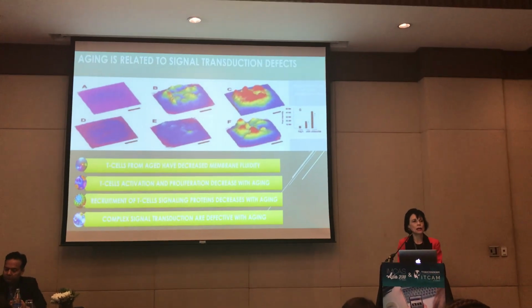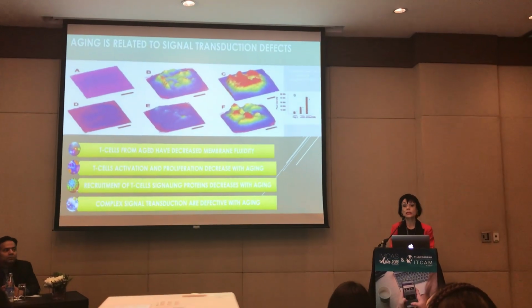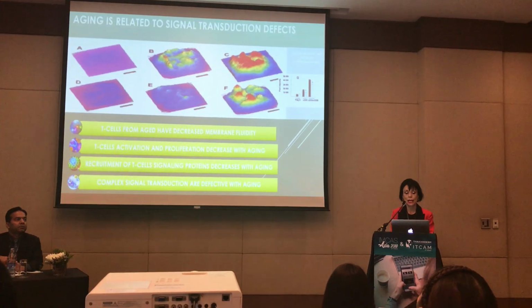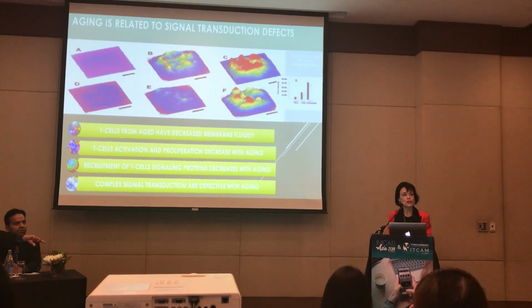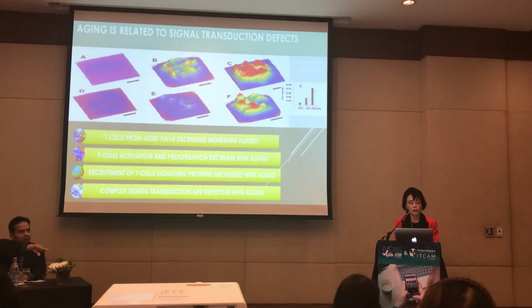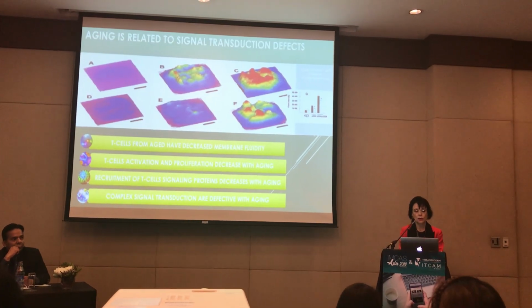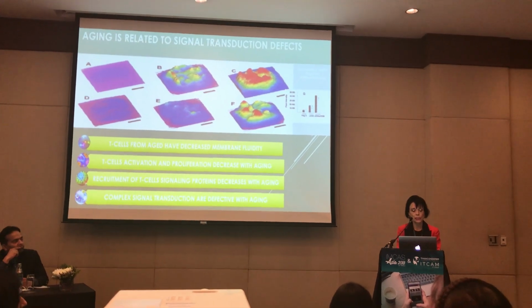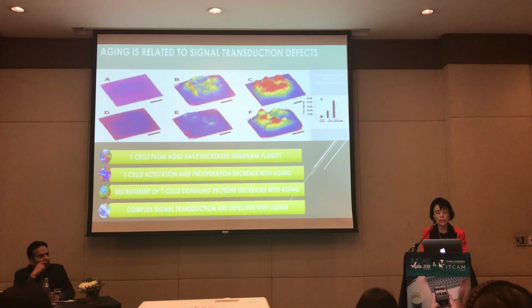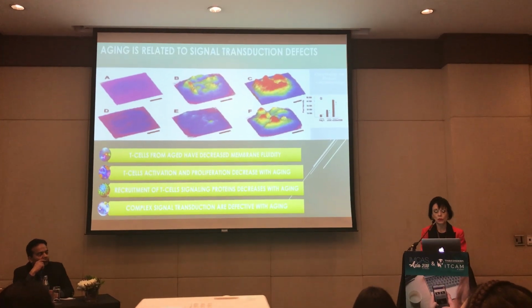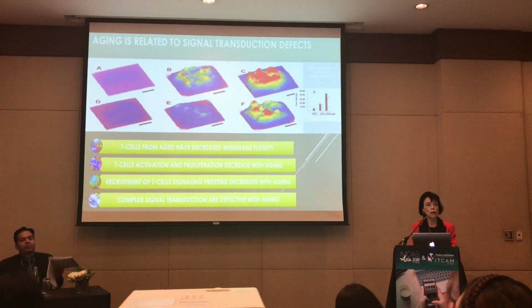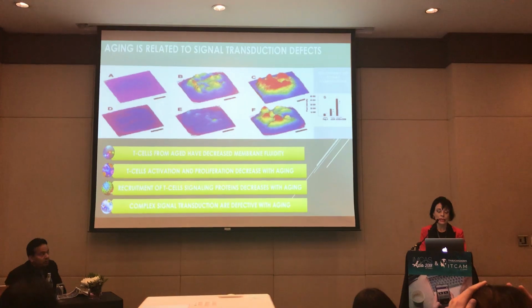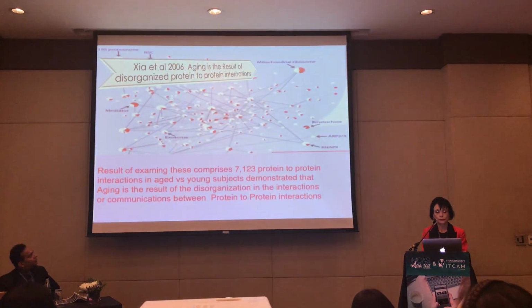Let's talk now about the disrupted cell communications. We spoke about it a little bit when we were talking about the TCR communications, how they're disrupted with aging. But in aging, all communications are disrupted. Cells from age have decreased membrane fluidity, the breakdown of cell signaling proteins decreases with aging, and signal transduction is defective with aging.